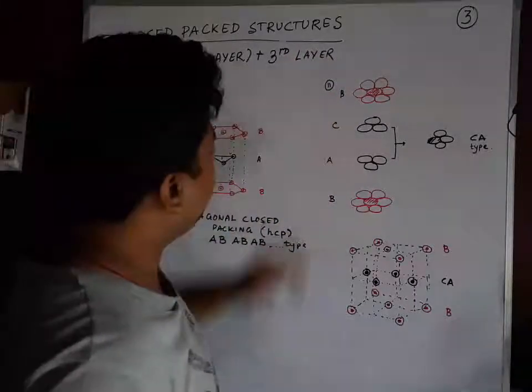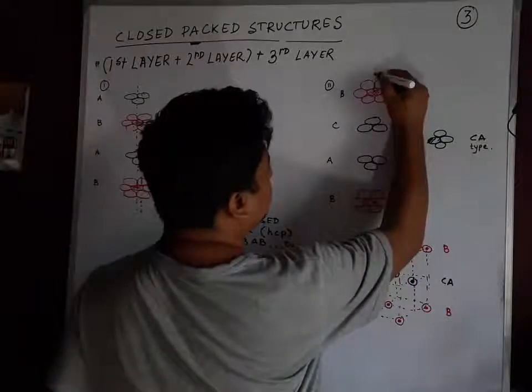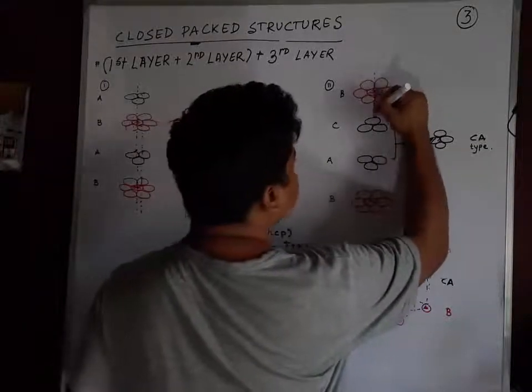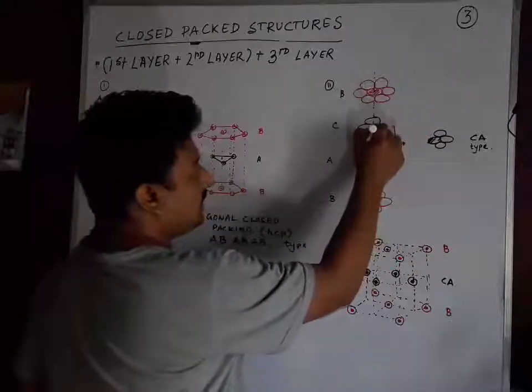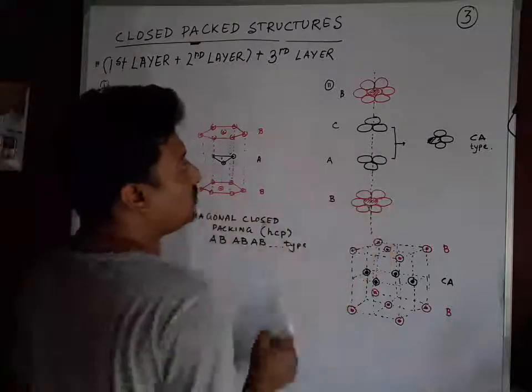What I can do here is that this is the central atom, and this central atom will pass through this tetrahedral void, and so on.